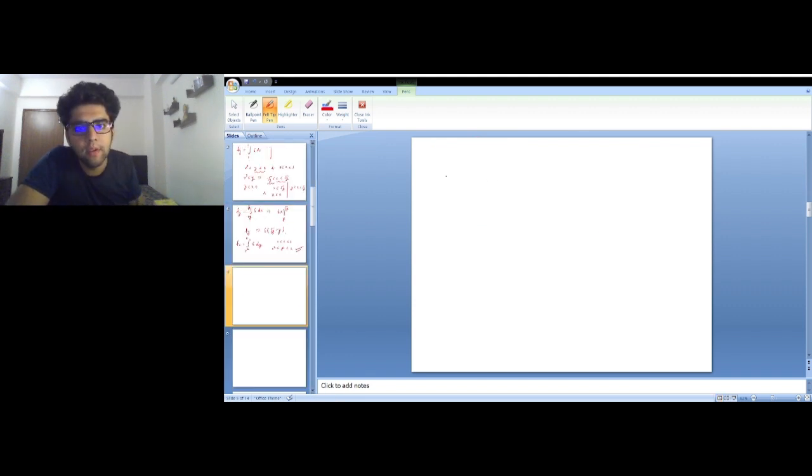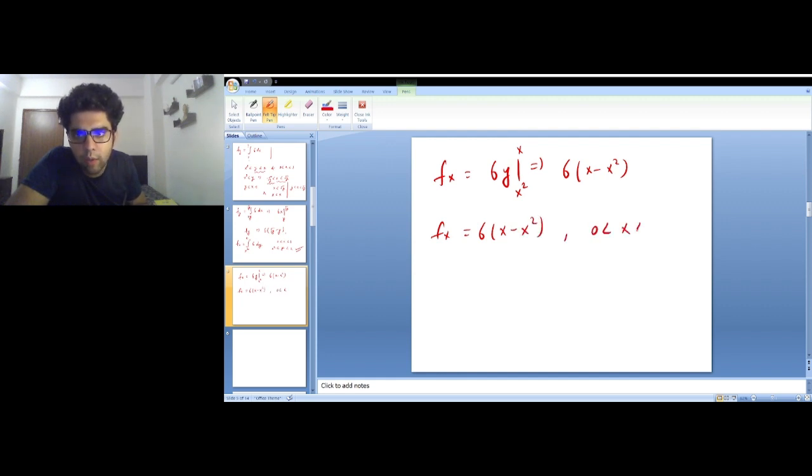This is pretty easy. So f of x is equal to 6y, where my limits are between x square and x, which gives me 6x minus x square, right? So f of x is 6x minus x square, where my x lies between 0 and 1.